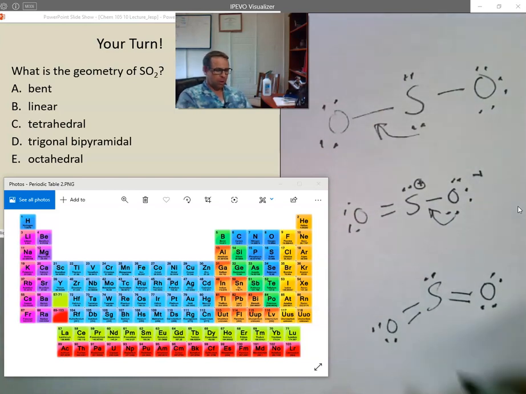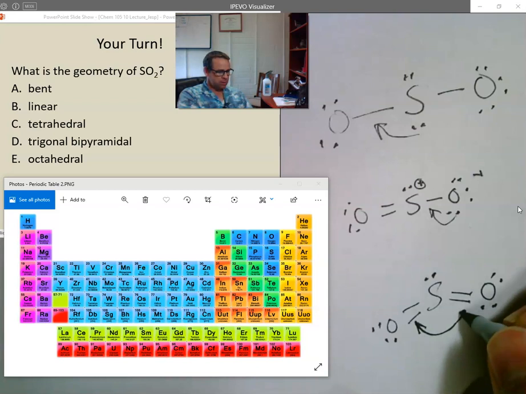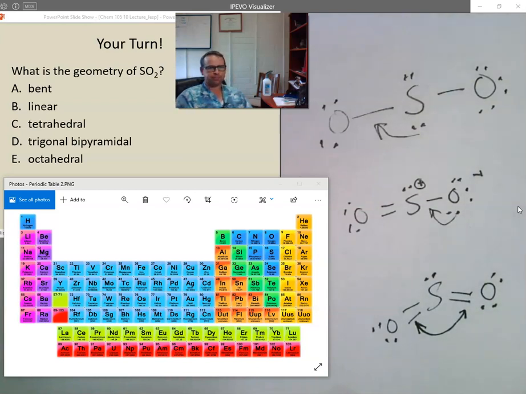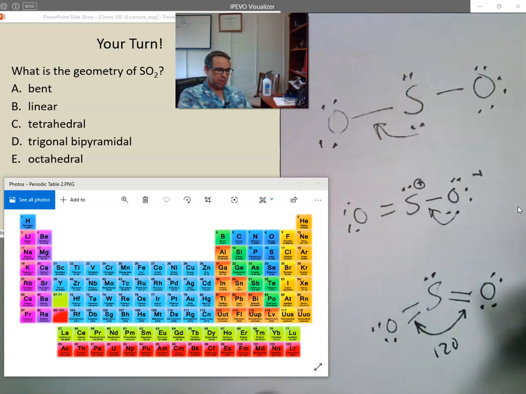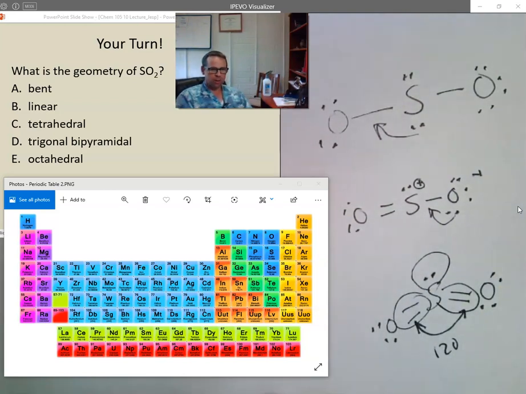Now, what do you think is the angle here between these, Chance? Between those two oxygens. I'll probably say 120. 120, and that's right, because we have 1, 2, 3 regions of electron density.